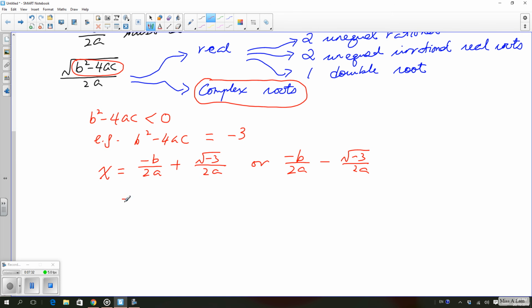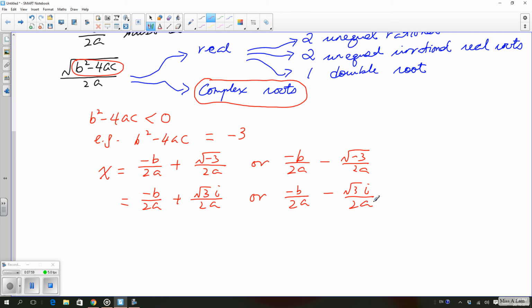If I rewrite it with complex numbers, minus b over 2a plus root 3 i over 2a, or minus b over 2a minus root 3 i over 2a.